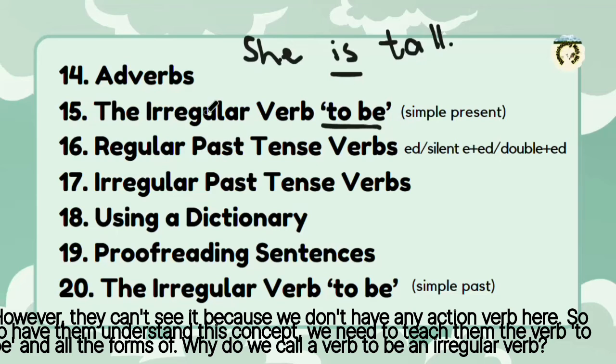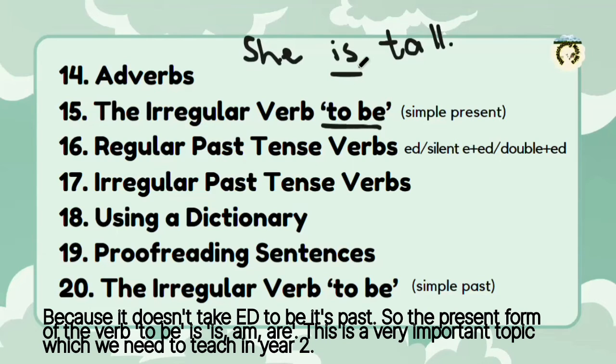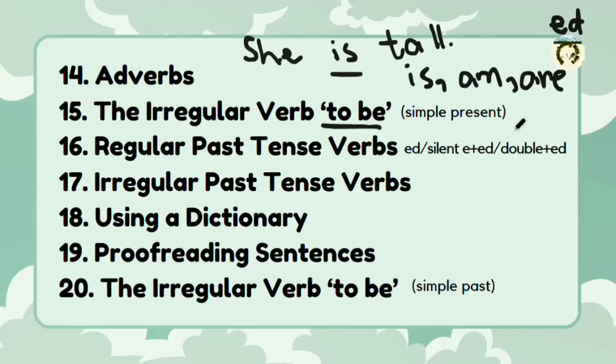Why do we call verb to be an irregular verb? Because it doesn't take ed to be its past. Okay, so the present form of verb to be is is, am, and are. So this is a very important topic which we need to teach in year 2.